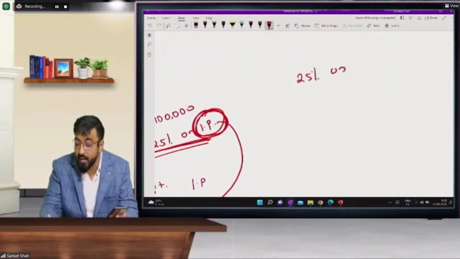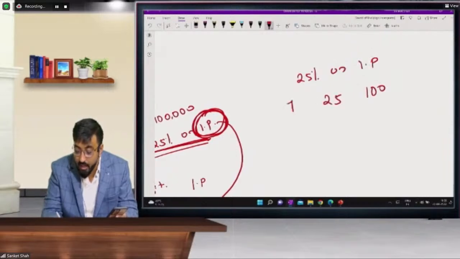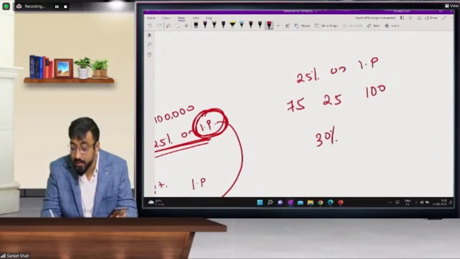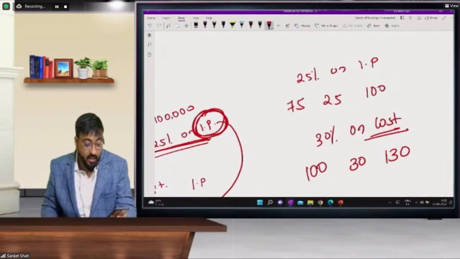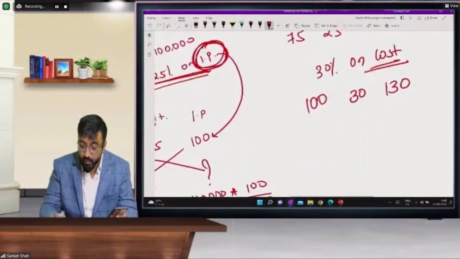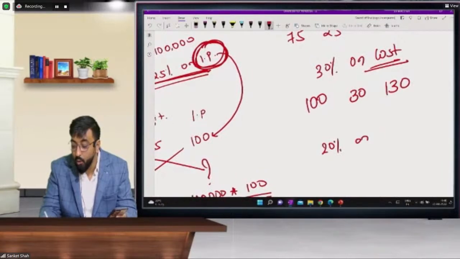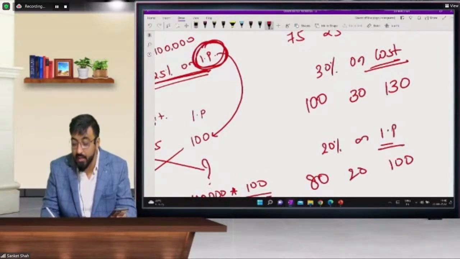How will you write the equation? 100, 25, 75. 30% on cost. So we will assume cost as 100. 100, 30, 130. 20% on invoice price. So invoice price will be 100, 20, 80.